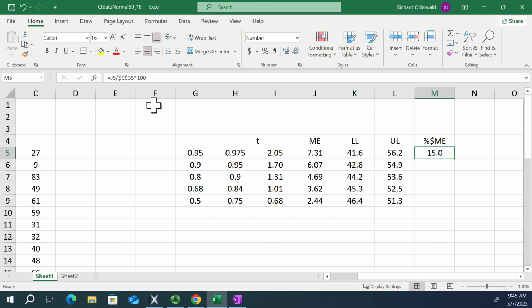So this is how big is the margin of error compared to the average. And if I said 41.6 to 56.2, you've got to have a context. You've got to know what's going on. If I say plus or minus 15%, everybody's got some idea. We don't need the exact numbers.